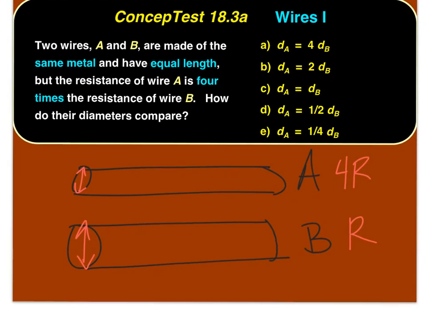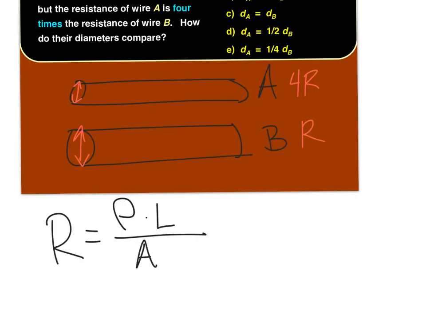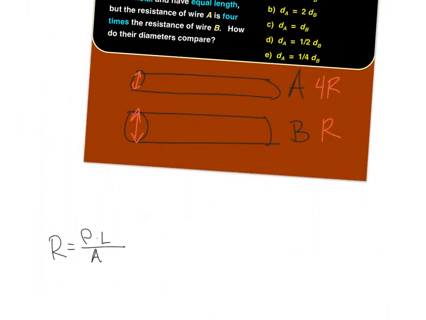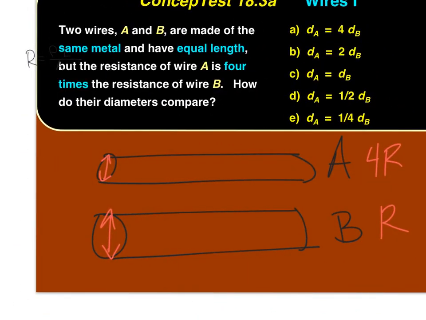Hopefully you remember that the resistance is equal to the resistivity, that's the Greek letter rho, times length over area. So if this is 4 times, then the cross-sectional area would have to be 1/4. So this would have to be 4 times the area if this is 4 times the resistance.